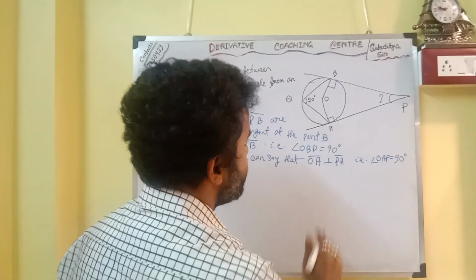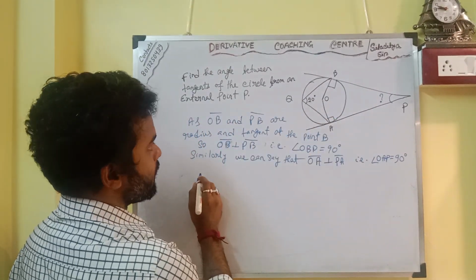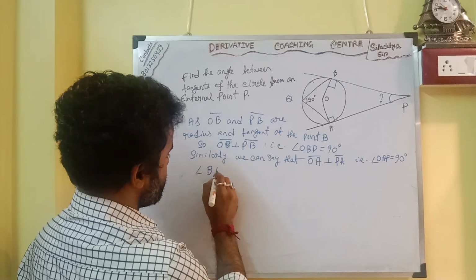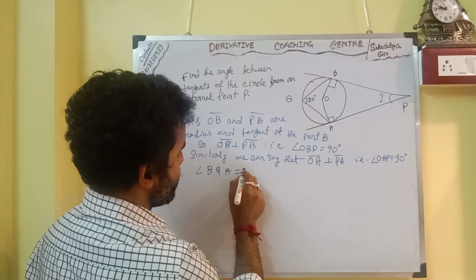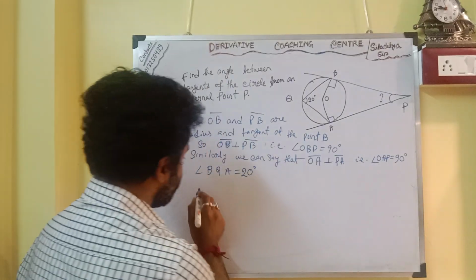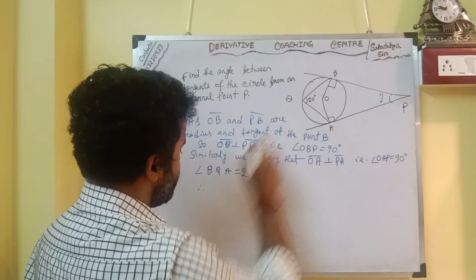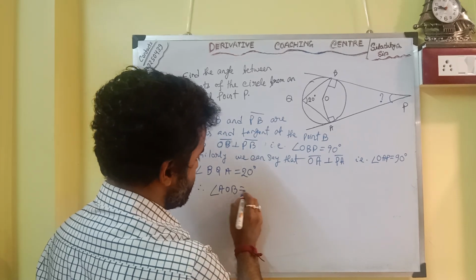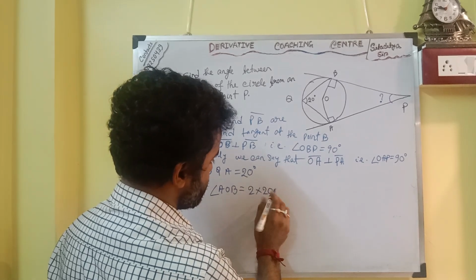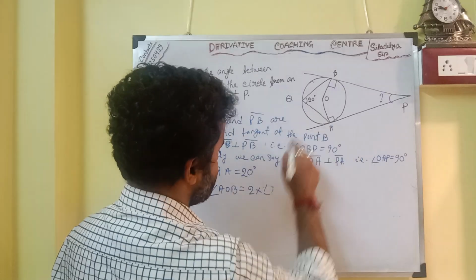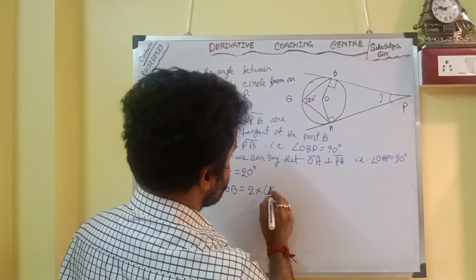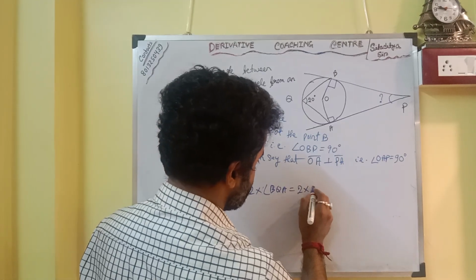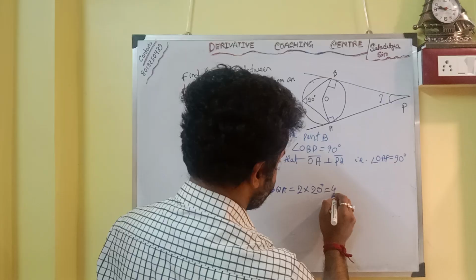Done. And now look, angle BQA equal to 20 degrees. So we can say therefore angle AOB equals 2 into angle BQA, that is 2 into 20 degrees, that is 40 degrees.